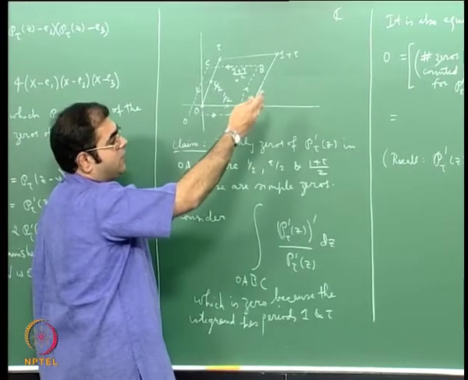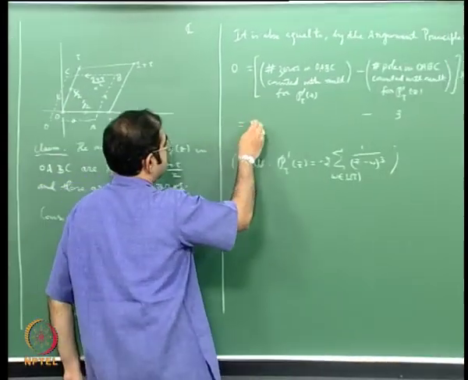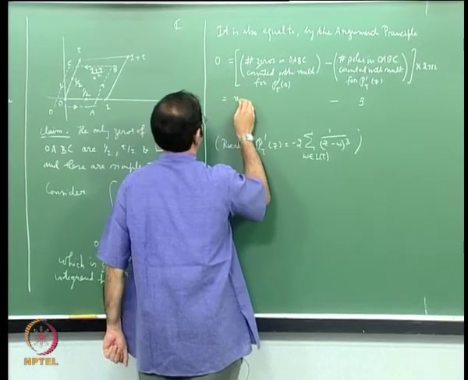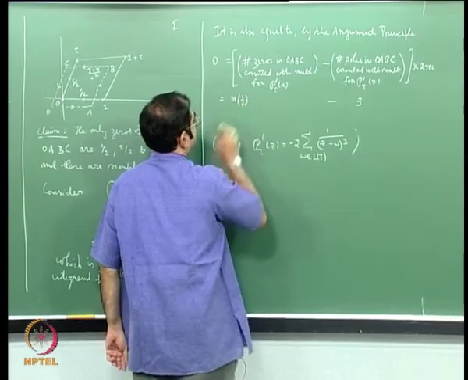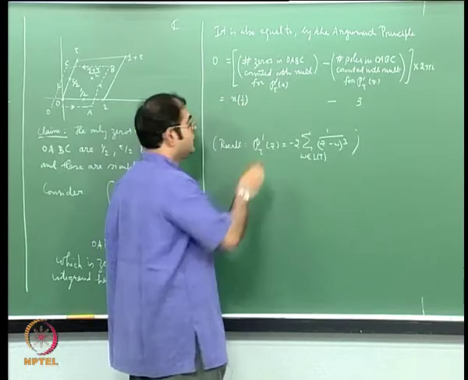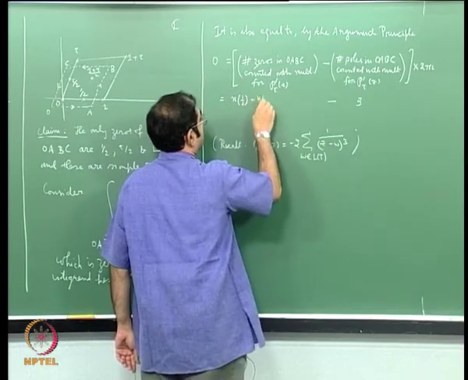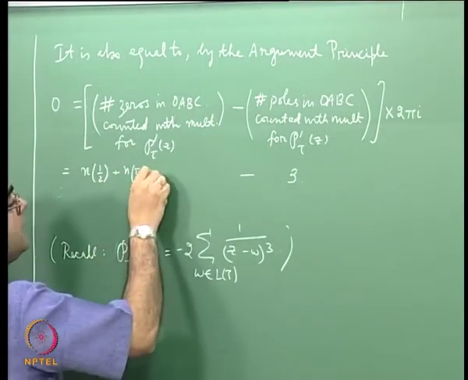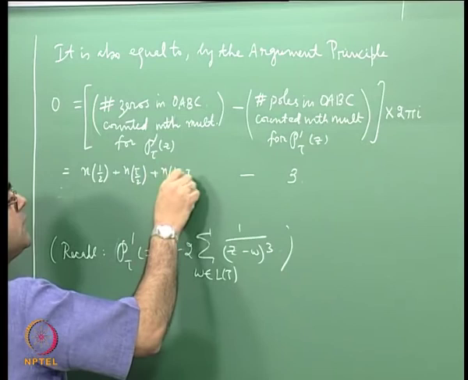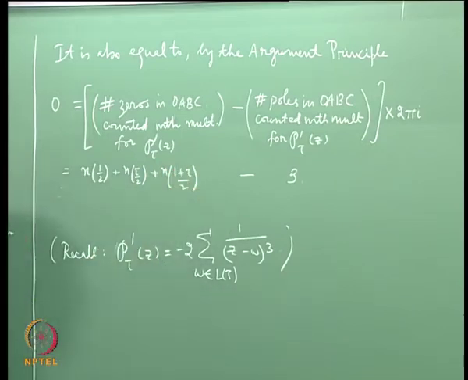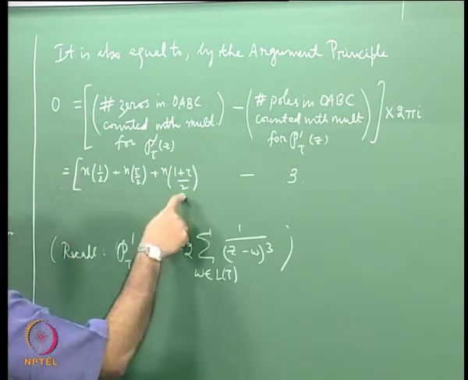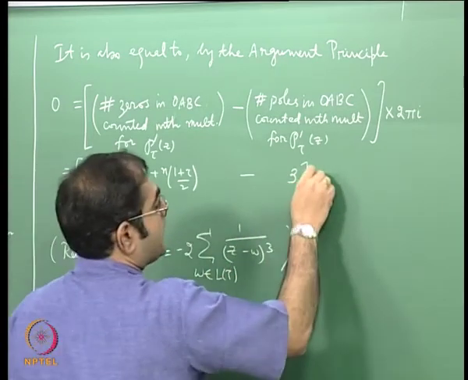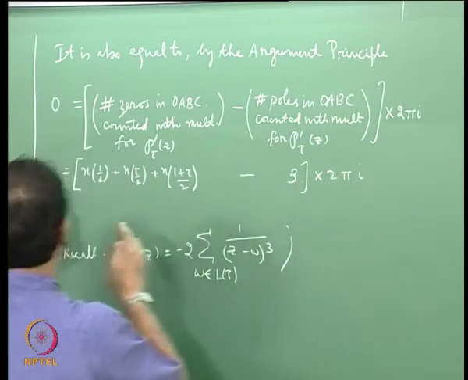Let me write that: suppose n sub 1 is the multiplicity of the zero at half, n sub 2 is the multiplicity of the zero at tau by 2, and n sub 3 is the multiplicity of the zero at 1 plus tau by 2. Then this is the number of zeros counted with multiplicity, and this into 2 pi i is equal to 0.